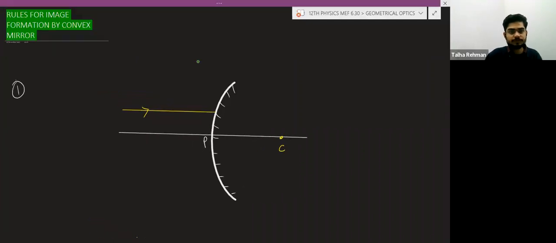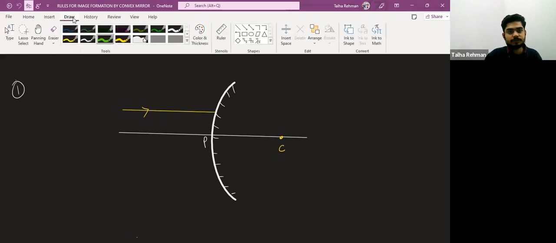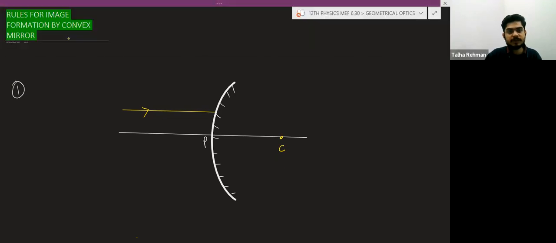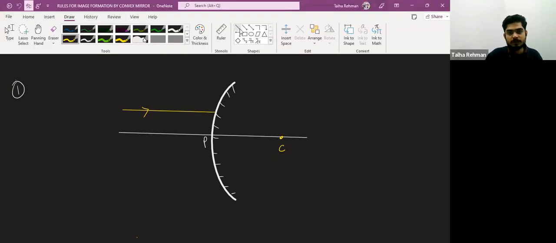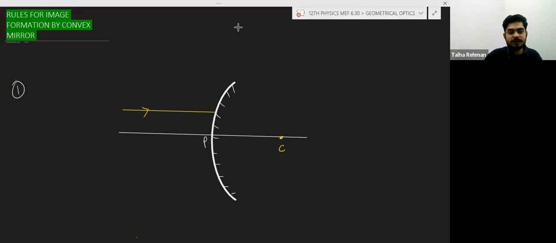Okay, so see what is happening. This is the ray of light, and this ray of light is parallel to the principal axis.